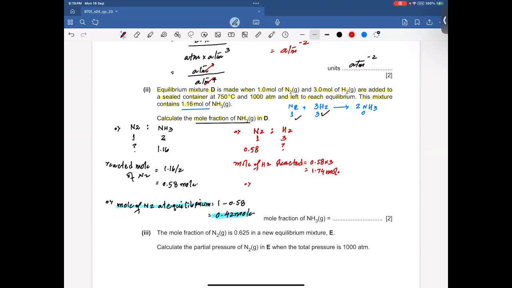That's my next task. Moles of hydrogen present at equilibrium: initial moles was 3 and the reacted amount is 1.74 moles, so the amount of hydrogen at equilibrium would be 1.26 moles.